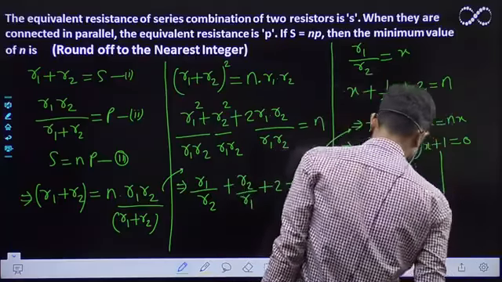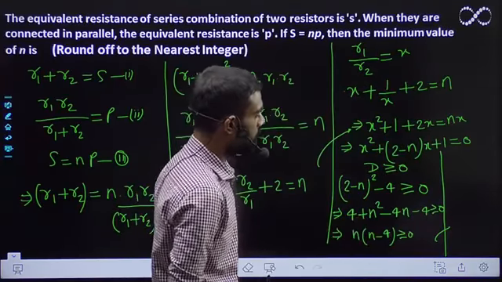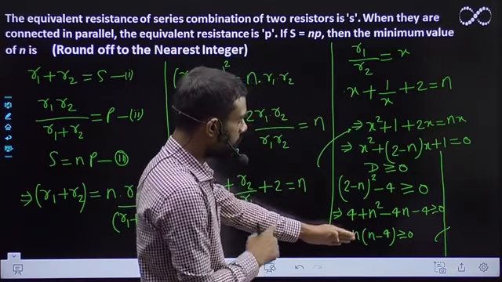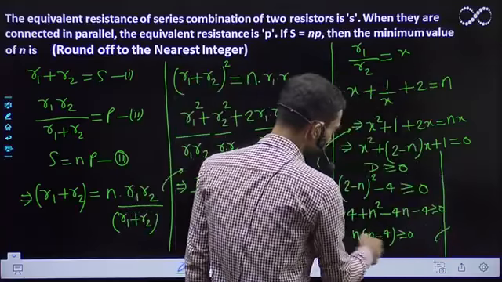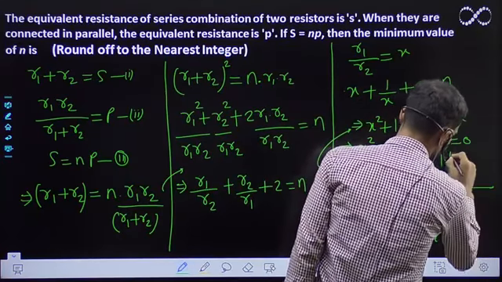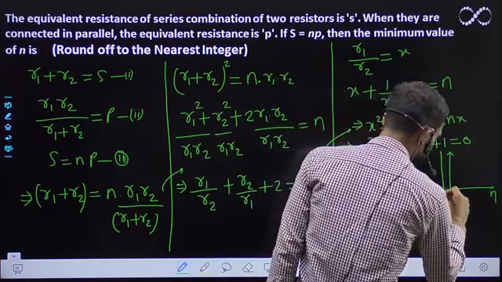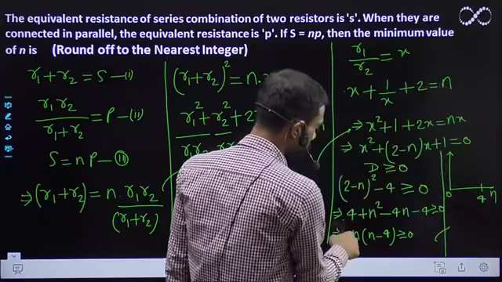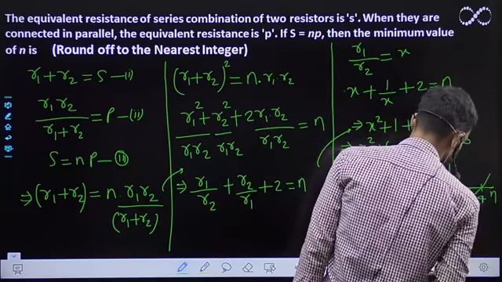Now if you'll see here, if we plot the graph of this, this is the quadratic in N, and coefficient of N square is positive, so the graph will be upward parabola. So here I can easily plot the graph of this. If I take this one as N, so the one root is coming 0, other root will become 4, and since the coefficient of N square is positive, so graph will be upward like this.